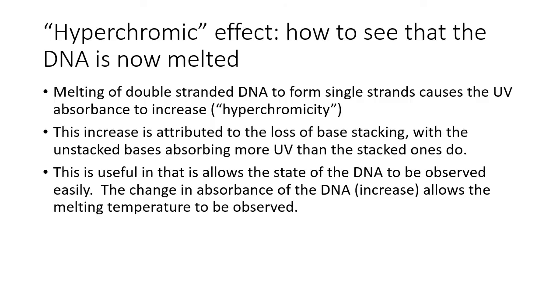Okay, so if you look at the axis on the previous slide, it doesn't say percent single-stranded like I said. What it's actually looking at is UV absorbance of the molecule. This is the hyperchromic effect, and it's used to see that the DNA is actually melted. So if you melt or denature the double-stranded DNA to form single strands, the UV absorbance increases, which is called hyperchromicity. What happens to the molecule as it starts to melt is you lose base stacking and you also lose hydrogen bonding as it dissociates.